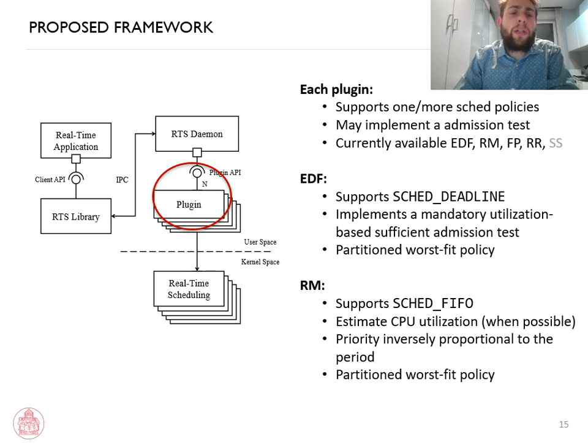The rate monotonic plugin, on the other hand, supports the sched FIFO policy, and the load on the CPU is estimated with the CPU utilization, when possible, because maybe tasks have not declared the runtime. Priority is assigned in inversely proportional manner to the period, and we have made a decision to assign tasks following the worst fit policy also here in the rate monotonic plugin.